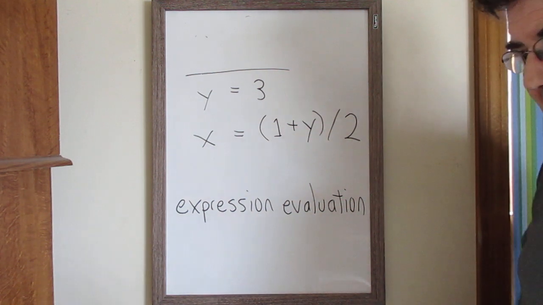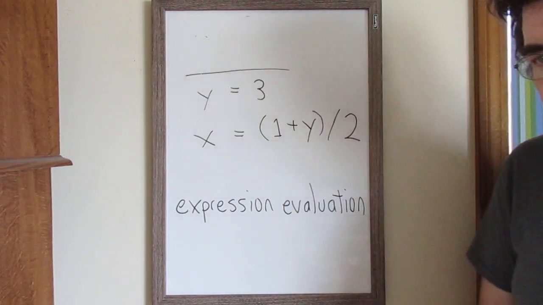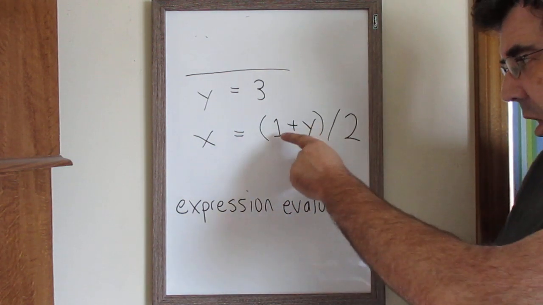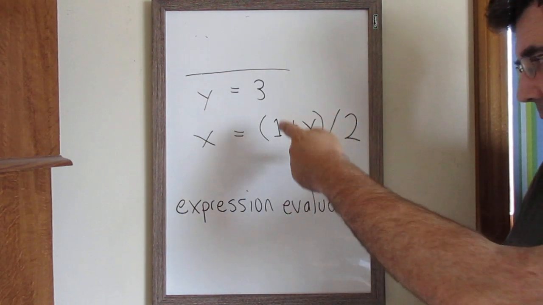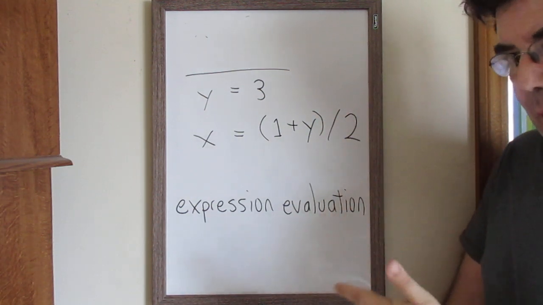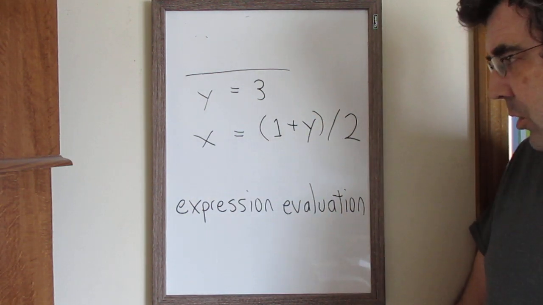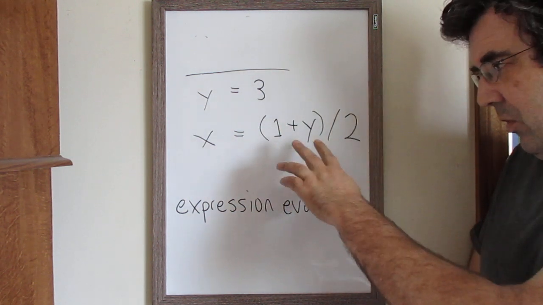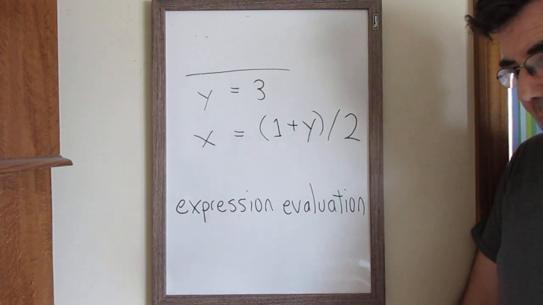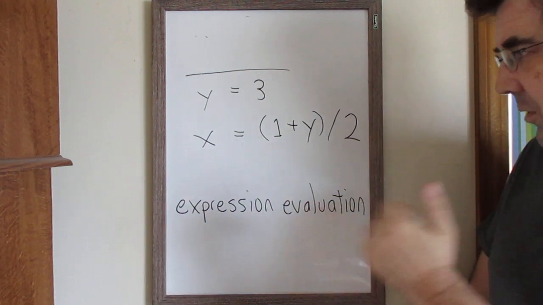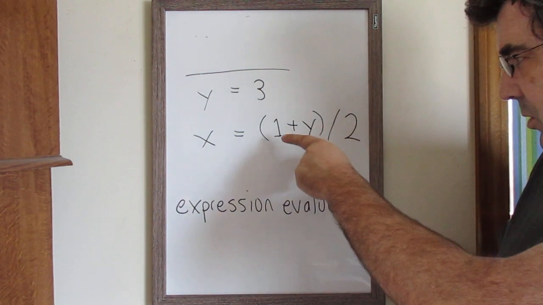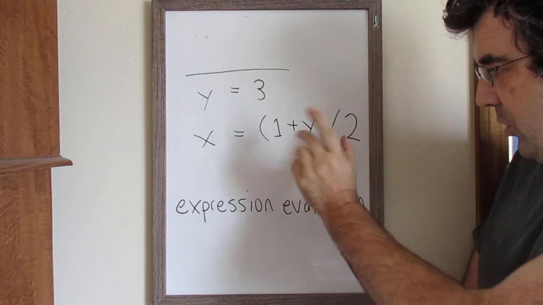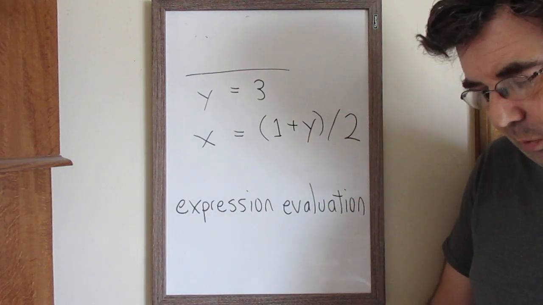Many of you are probably not surprised that what's on the right side is 2. It's 1 plus 3 divided by 2. That's 4 divided by 2. That's 2. There's no surprise because this is a very simple, beginner's level, straightforward example. So what's on the right side computes to a single value 2.